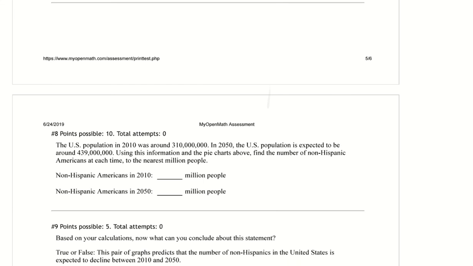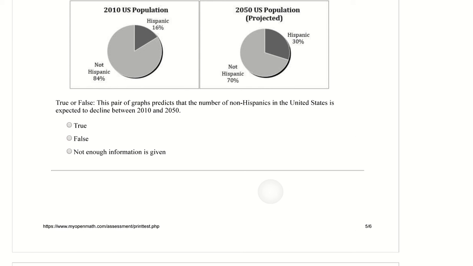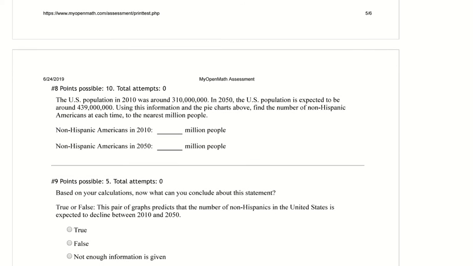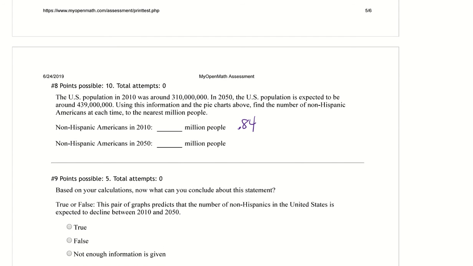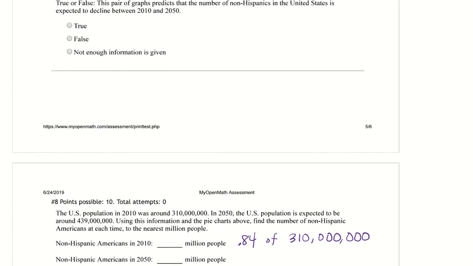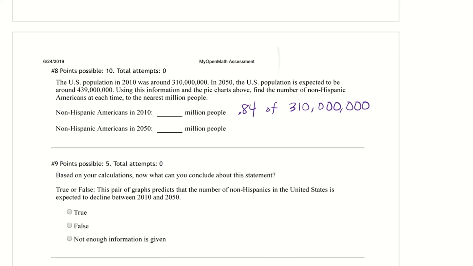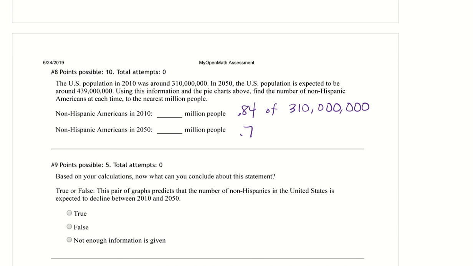So in 2010, the non-Hispanic population was 84%. So we're going to find 84% of 310 million. And then for 2050, the non-Hispanic is 70%. So we're going to take 70% of 439 million.